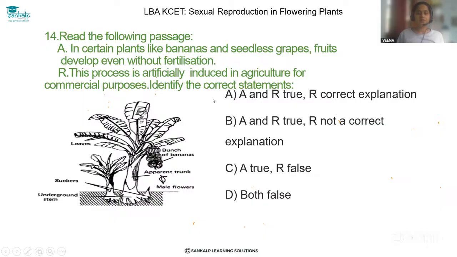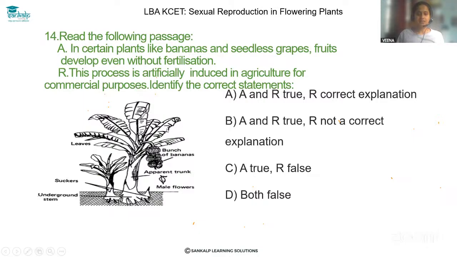Here the fruit develops without fertilization. So that kind of fruit is called parthenocarpic fruit. So the assertion is correct. And this process is artificially induced in agriculture for commercial purpose.